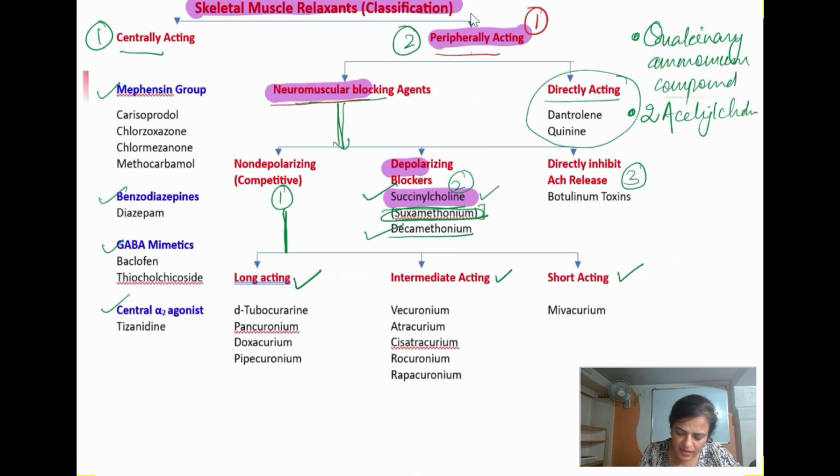It acts by blocking the neuromuscular junction, so it is also called a neuromuscular blocking agent, because it depolarizes the neuromuscular junction. That's why it is called a depolarizing blocker. There are two depolarizing blockers, one is succinylcholine, the other is decamethonium, and it is a quaternary ammonium compound. It looks like two acetylcholine molecules bound together.